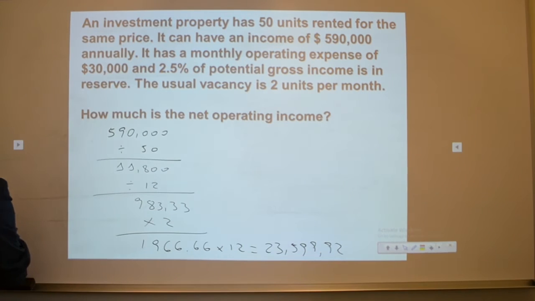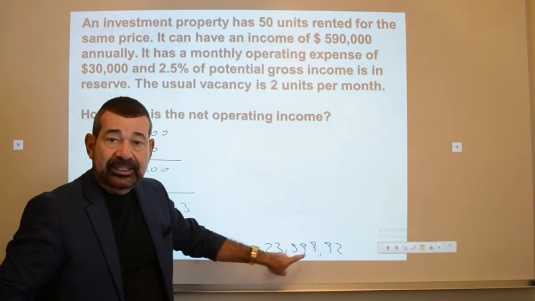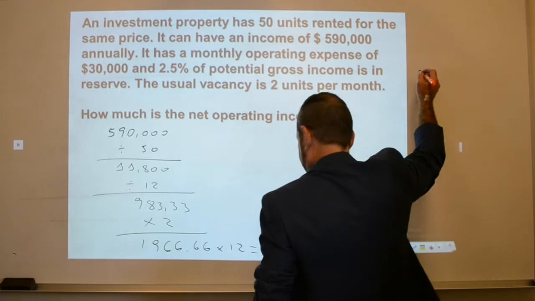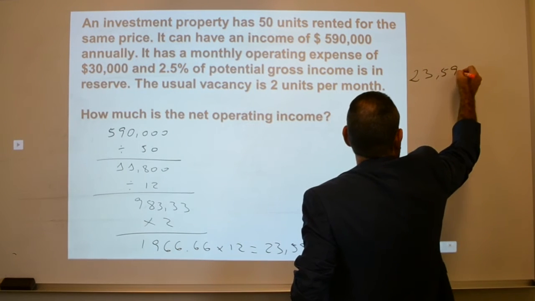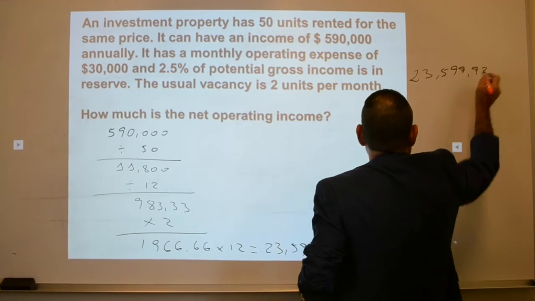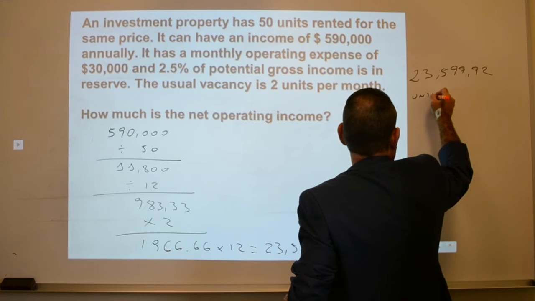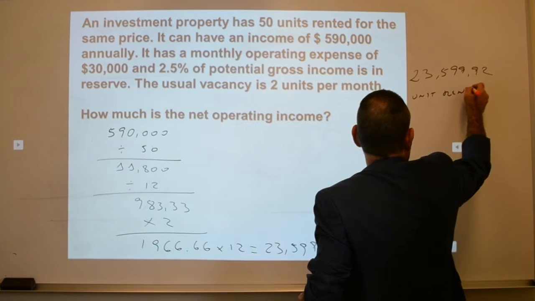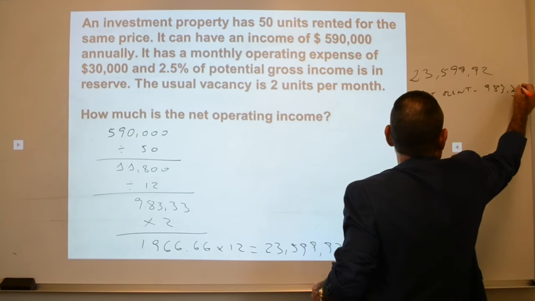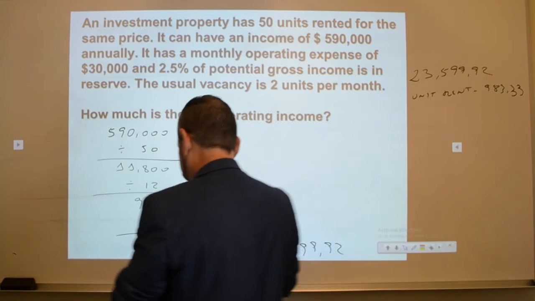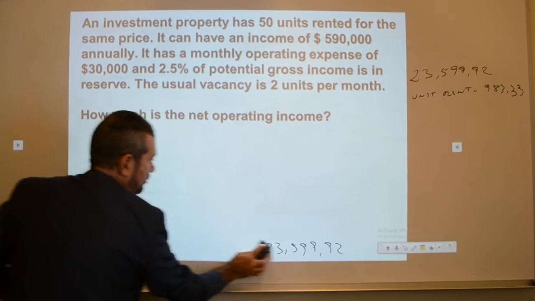So my total vacancy per year is $23,599.92. I'm going to put that number here, and I'm putting the unit rent at $983.33. Okay, I'm going to erase this and continue with the rest.